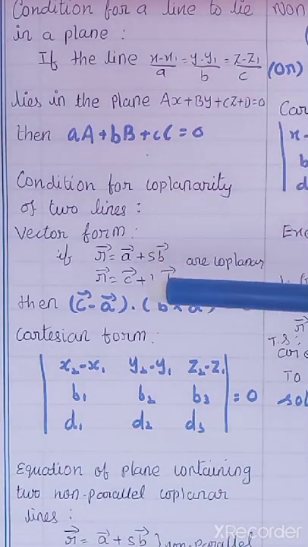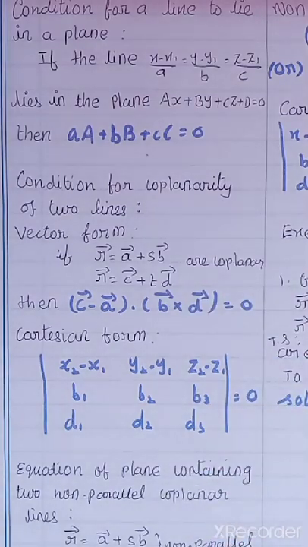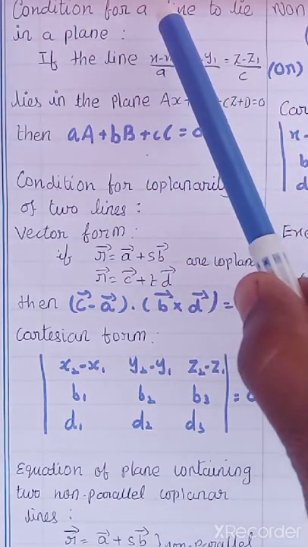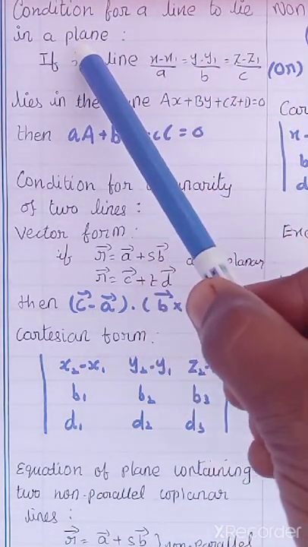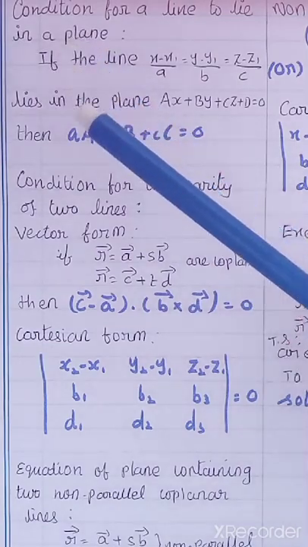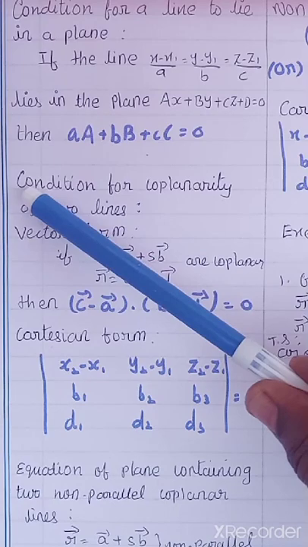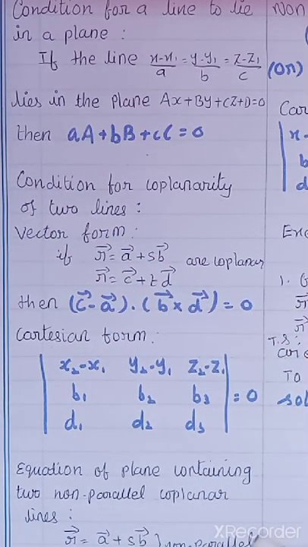So these are the three headings for today: first, the condition for a line to lie in a plane; second, coplanarity of two lines; and third, the non-parallel coplanar condition.